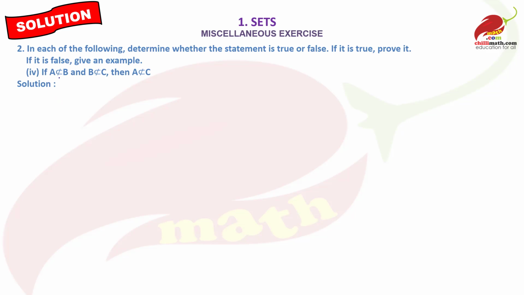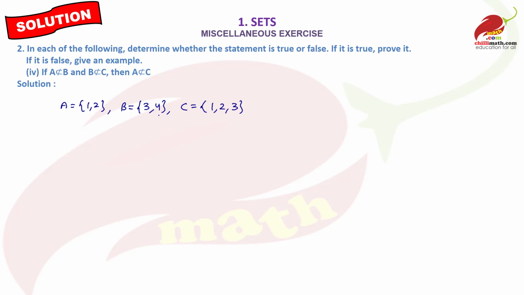If A is not subset of B and B is not subset of C, then A is not subset of C. This is not true. So through example we explain. Let A is equal to {1, 2}. A is not subset of B, so we can take B as suppose {3, 4}. B is not subset of C, so C we can take like {1, 2, 3}.